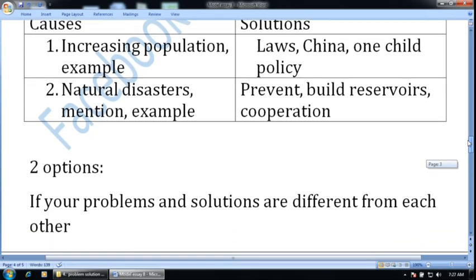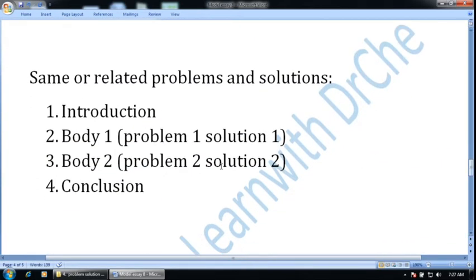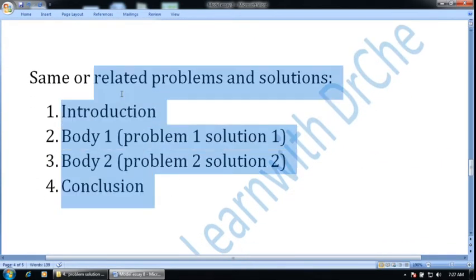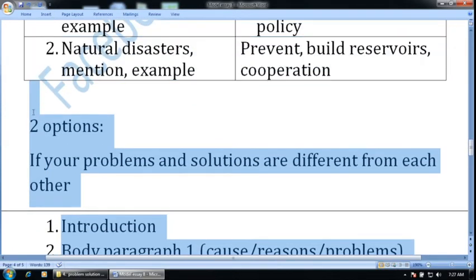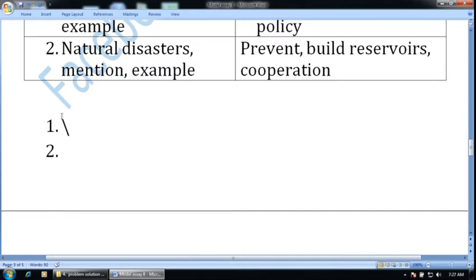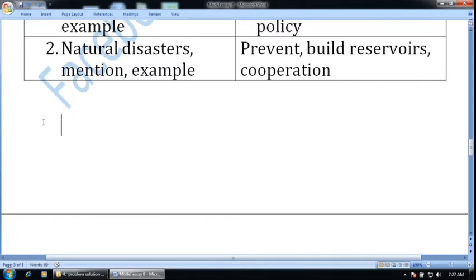So let us start writing. I would use the second one, the same problem and solution in the same paragraph, because my ideas are linked here. So we would start with the introduction.